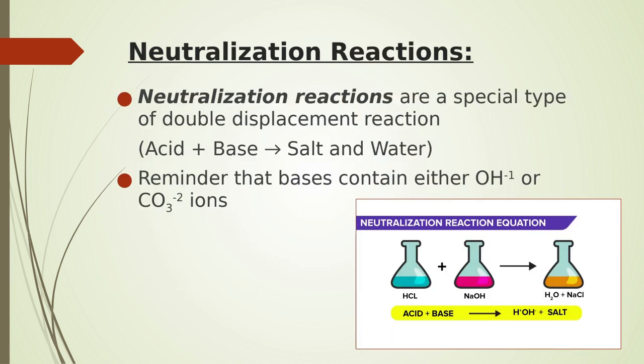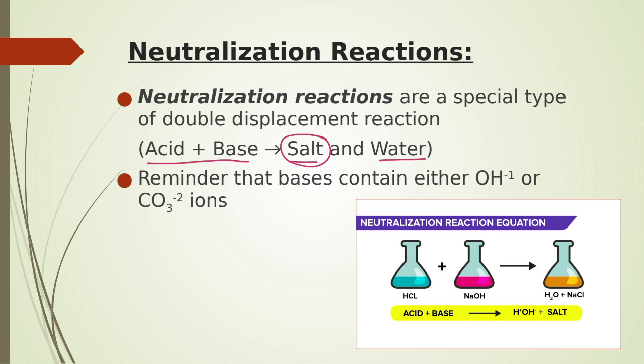So just a side note on neutralization reactions, they are a special type of double displacement reaction in that we take an acid and a base, so you should be able to recognize those, and then we produce a salt and water. Remember that a salt is not necessarily like table salt, sodium chloride.